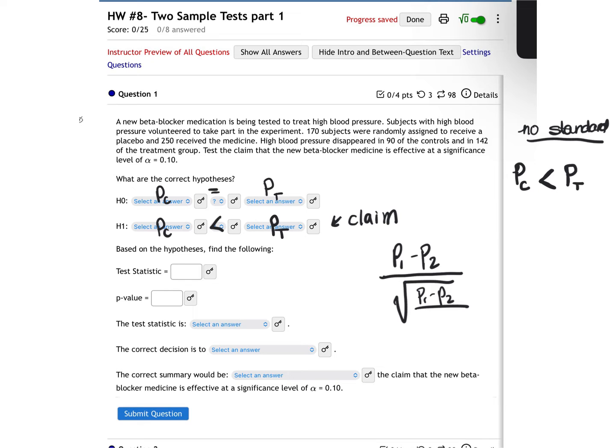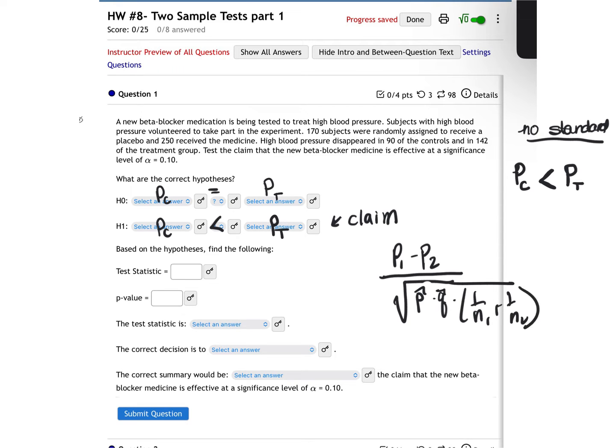Hang on a minute, I think I am messing this formula up. One second. Sorry about that. It should be P hat Q hat times 1 over N1 plus 1 over N2.